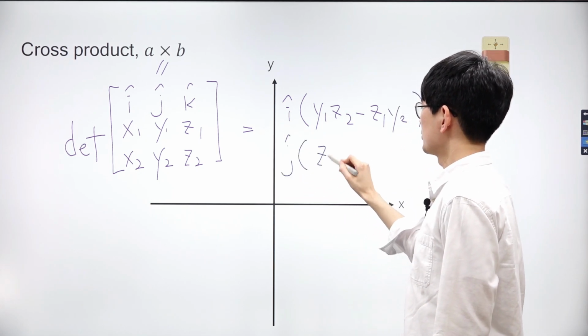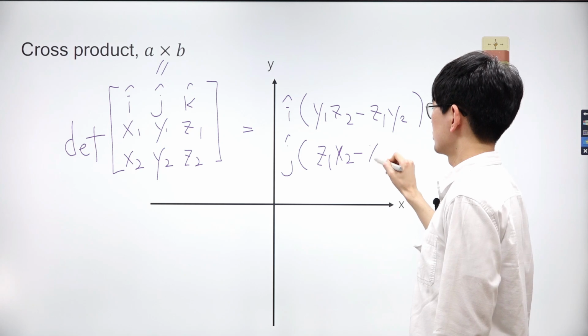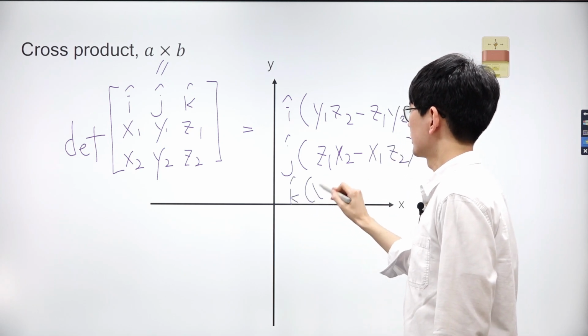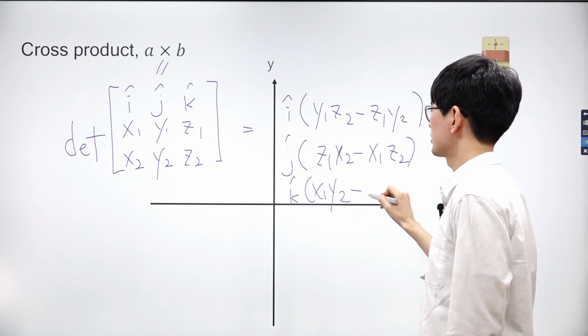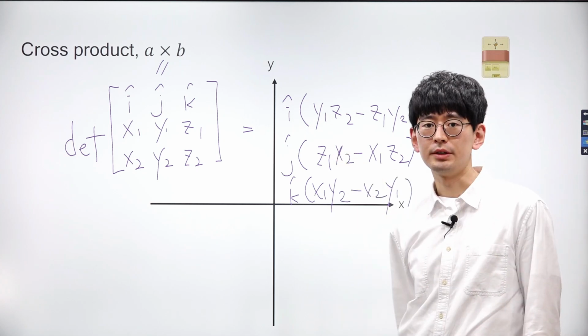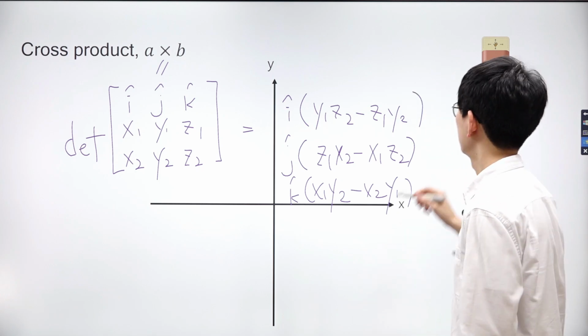Similarly, for the j component, compute z1 x2 minus x1 z2. And for the k component, evaluate x1 y2 minus x2 y1 from the corresponding 2x2 matrices.